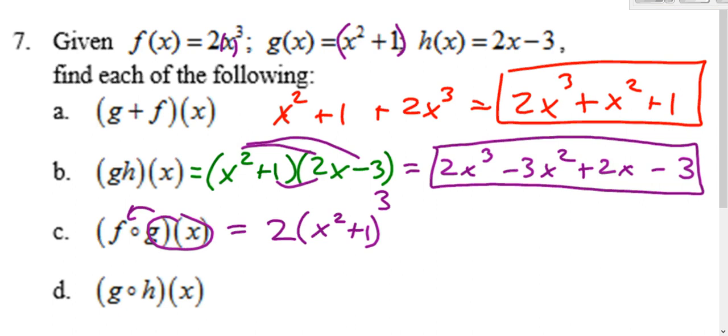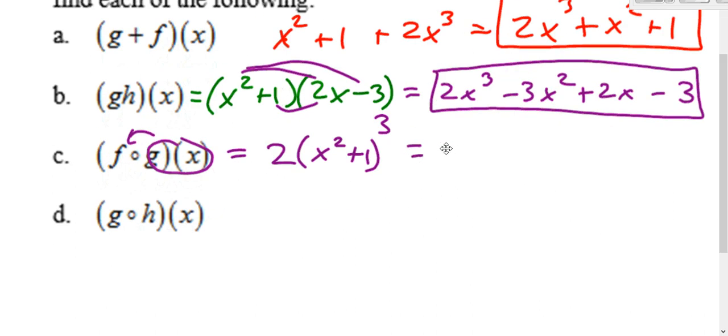So officially, since that's cubed, you would have to multiply that all the way out, which means you have to do x squared plus 1 times x squared plus 1 times x squared plus 1, and then multiply everything by 2. I don't want to do that, so I'm not going to.